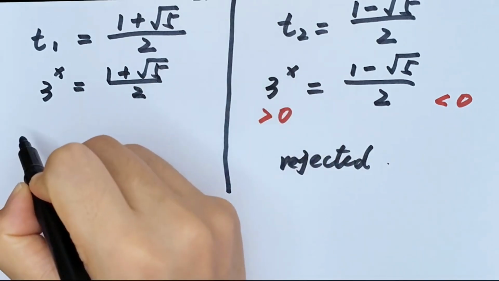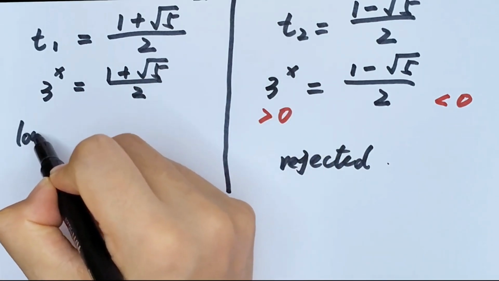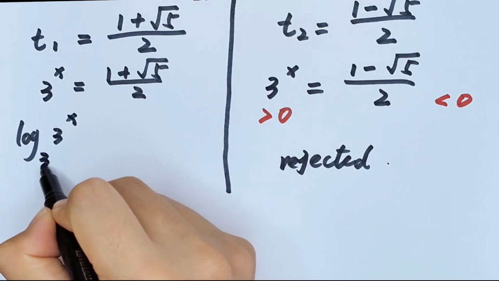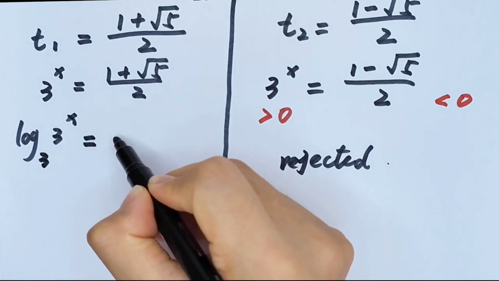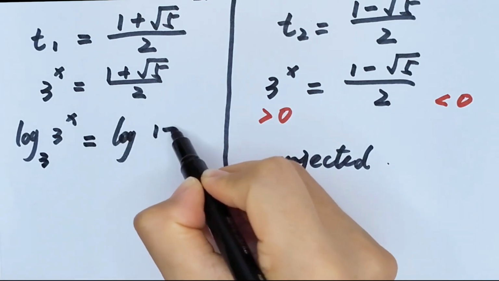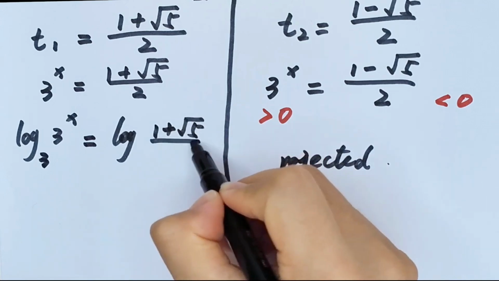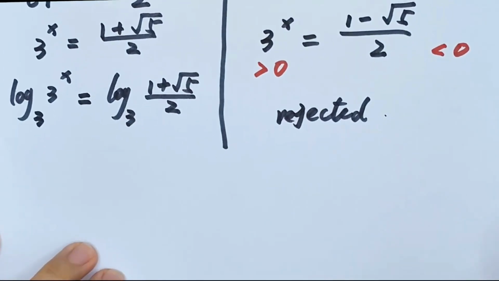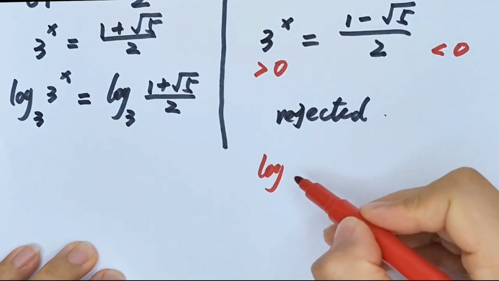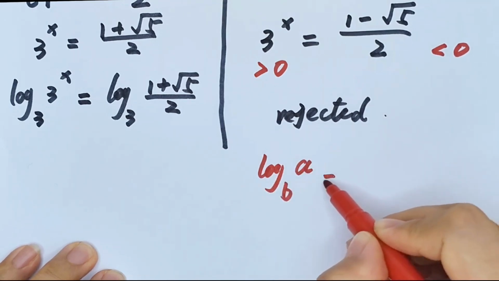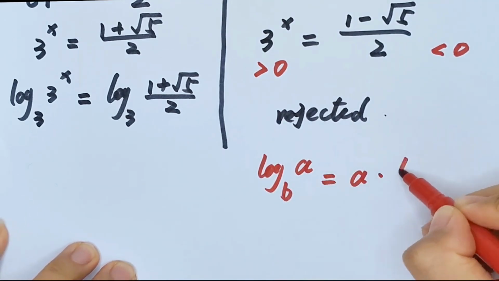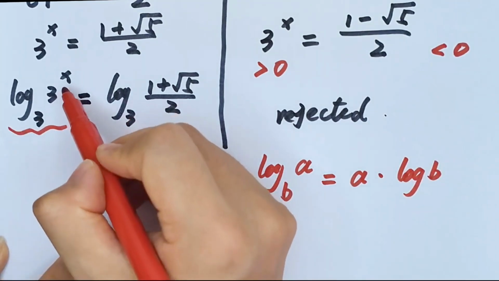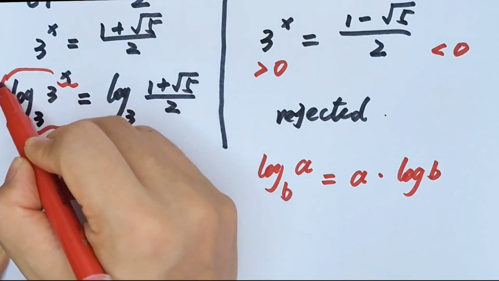Now we apply the log rule that log 3 to the power of x, base 3, equals log of (1 plus square root of 5 divided by 2), base 3. Then we apply the formula that log a to the power of b equals b times log a. So here we can take this in front.